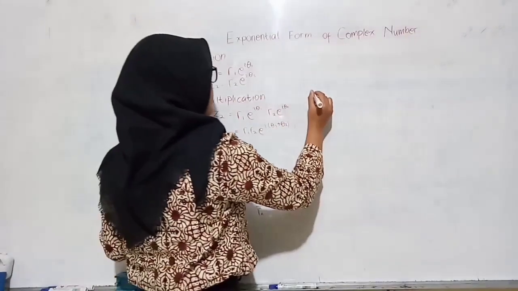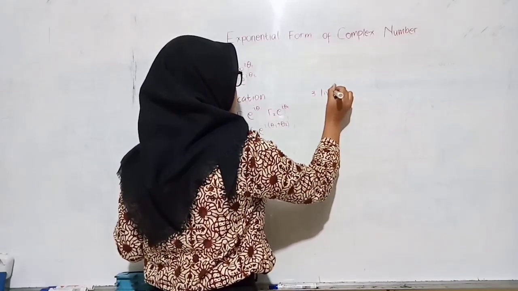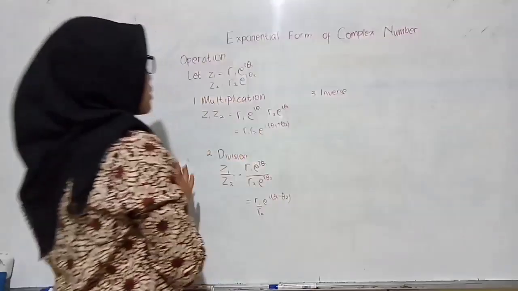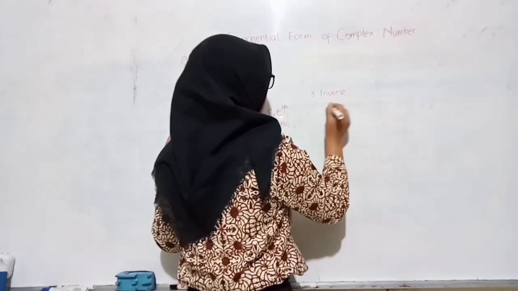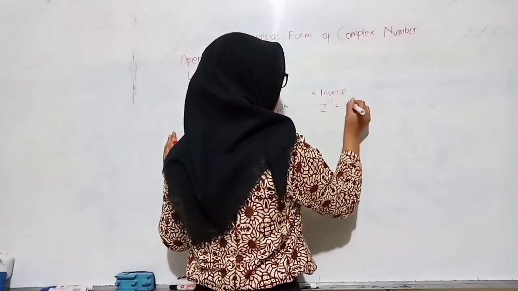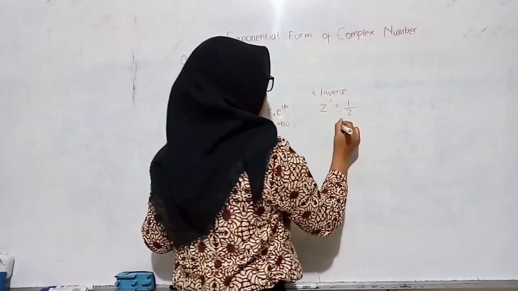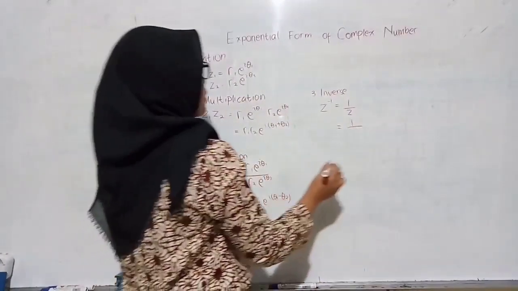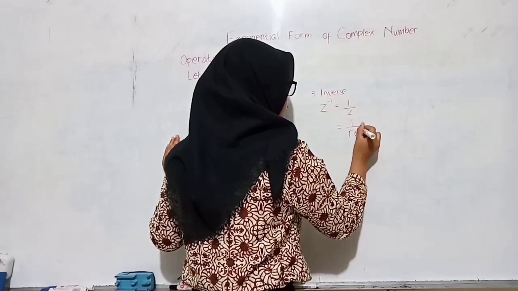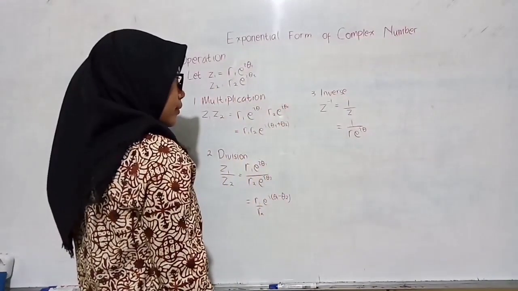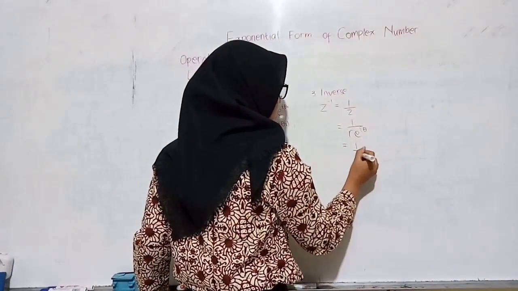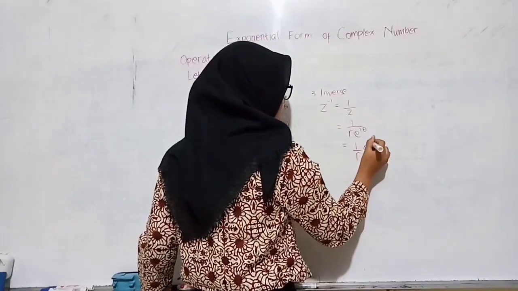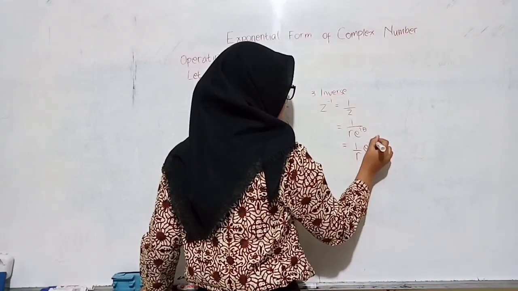And the last is the inverse. The inverse of Z, so Z inverse is equal to 1 over Z, and this equals 1 over R e power i theta, and it's the same as 1 over R e power minus i theta.